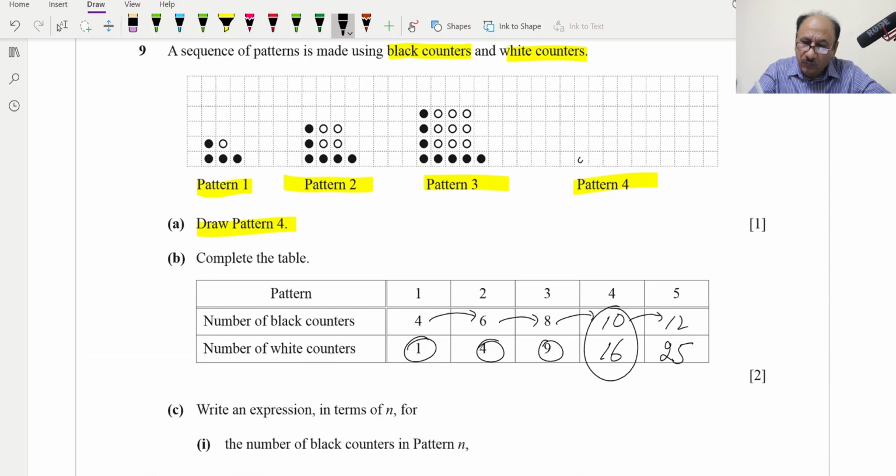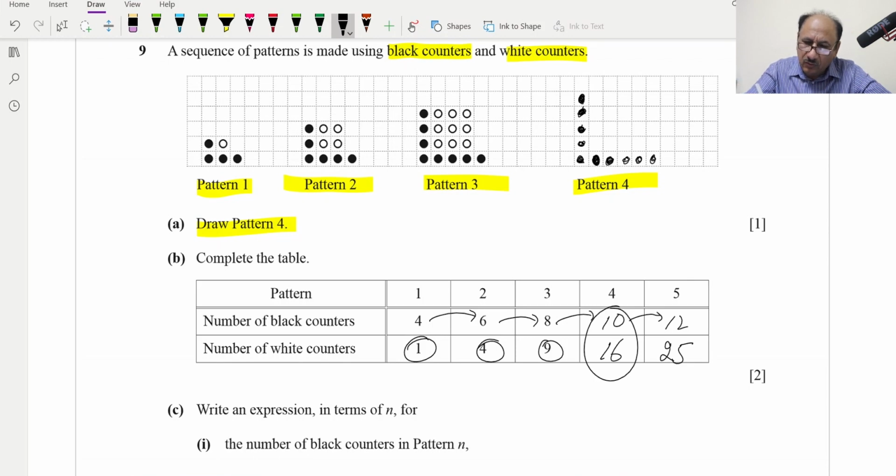So 1, 2, 3, 4, 5, 6, 7, 8, 9, and 10. So these are the black ones which we have done.